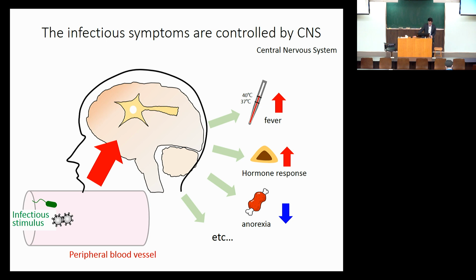When we have an infection, the toxic infection comes to the peripheral tissue first, and then from the peripheral tissue, the signal is transferred to the central nervous system, and then this central nervous system induces fever or disrupts your hormone patterns or suppresses your appetite.